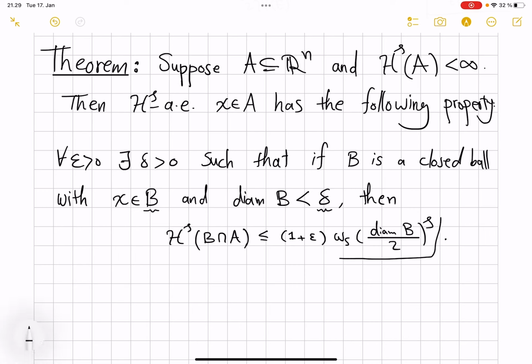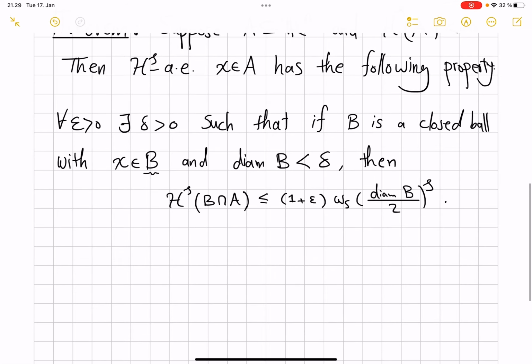Of course, if s is not an integer, you cannot really say this equals the Lebesgue measure of a ball or anything, but the analogy is there. I'm not going to prove this, but let me draw some more pictures showing what is going on here.